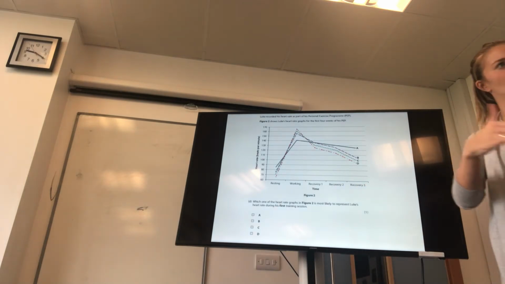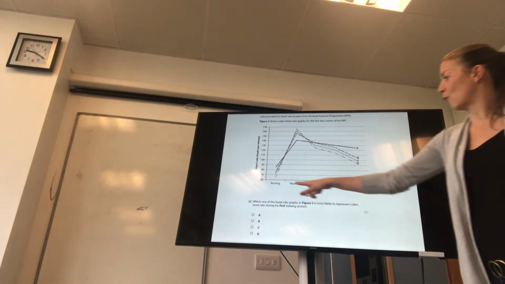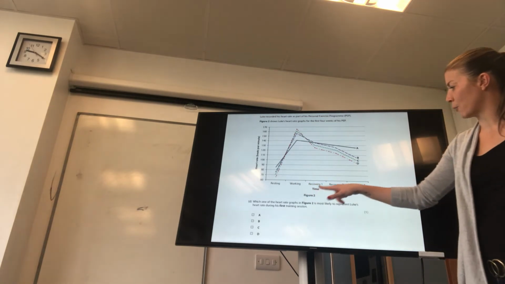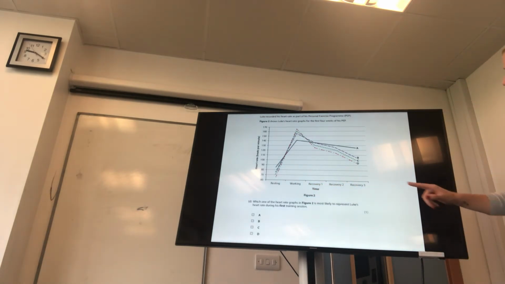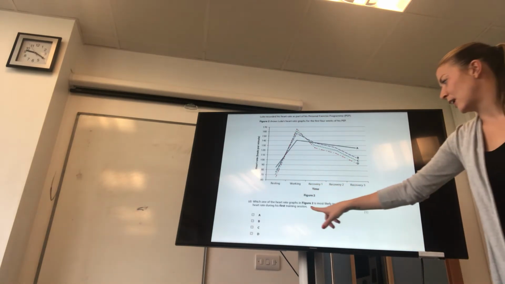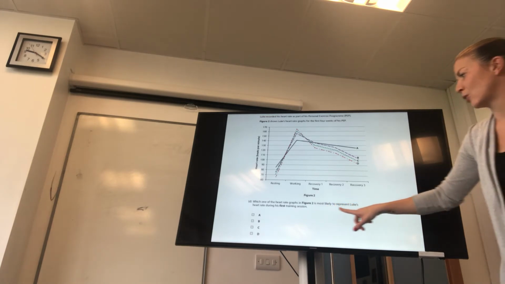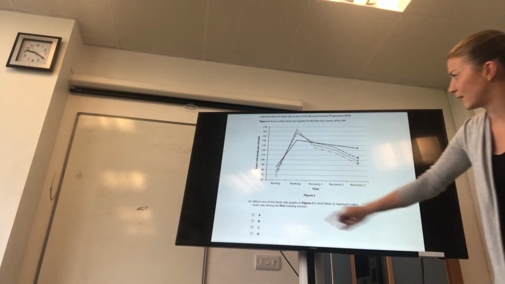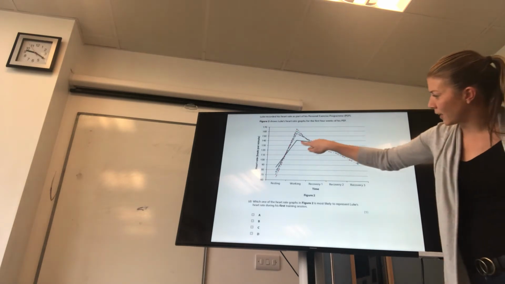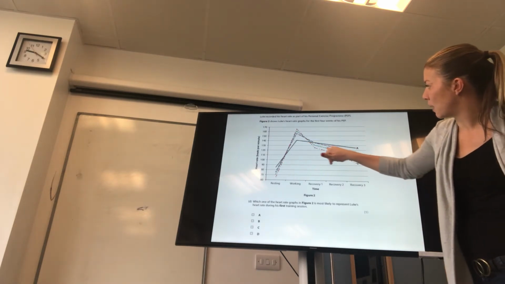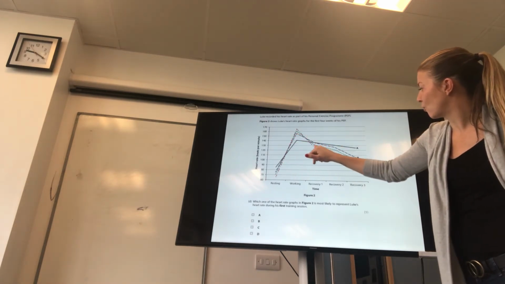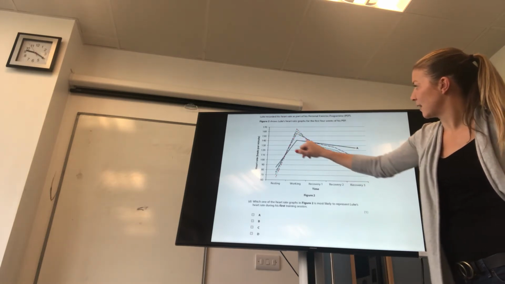So you can see how his heart rate is slowing down. Which one of the heart rates in the figure is most likely to represent Luke's heart rate during his first training session? So we've got this black line here, which is A, B is the purple line, then green is C, and D is the red one.